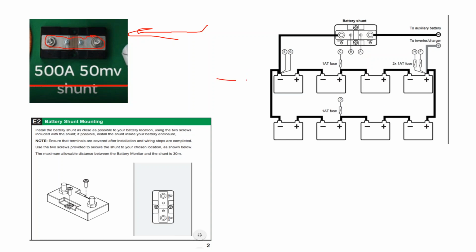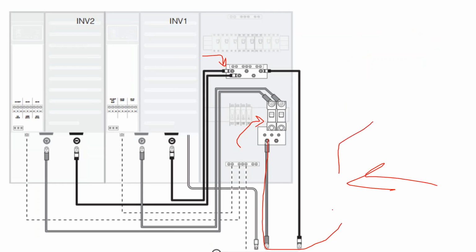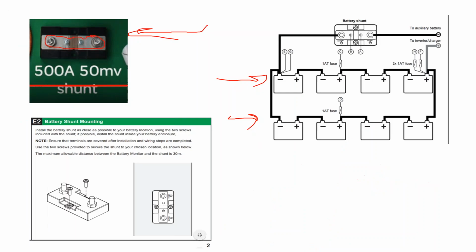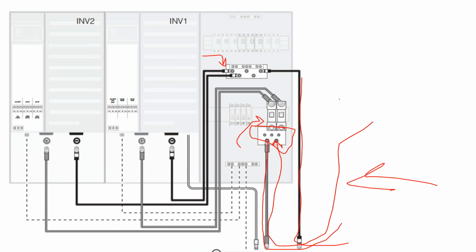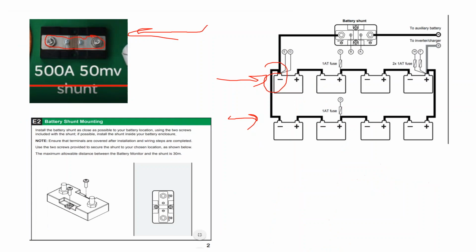And so on our design, we were using 2 strings of batteries, and we're landing our 2 strings of batteries onto this DC side here. Actually, the shunt is called for going in on the negative side. So now we have our negative bus with 2 strings of batteries landing on it. And the question is, where do we locate the shunt?